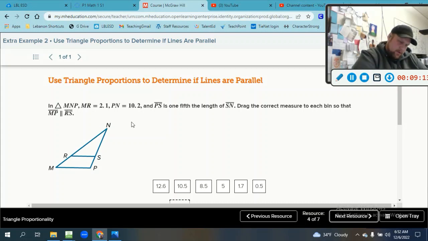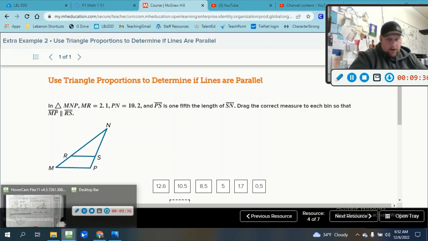PN is 10.2. That's the whole thing, not the segment. And PS is 1/5 the length of SN. Well, I'm going to call SN X, and then I'm going to call PS 1/5 X. Okay? All right, let's go back to our page.